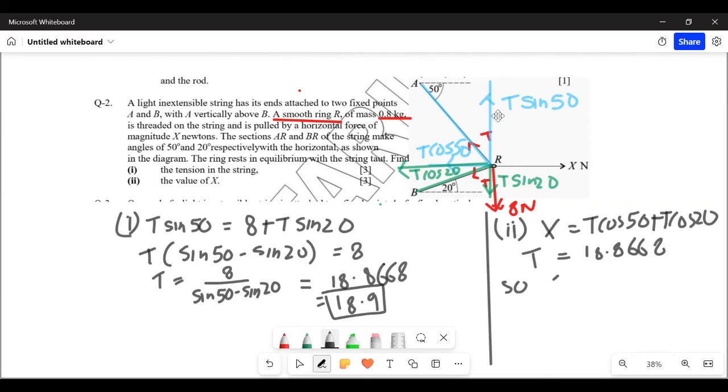So then substitute it in the equation and get X equals 29.8564, which rounds to 29.9 in 3 significant figures.